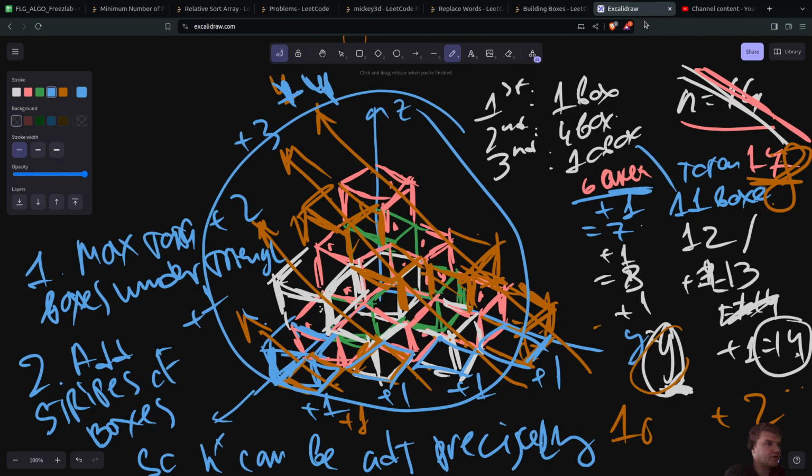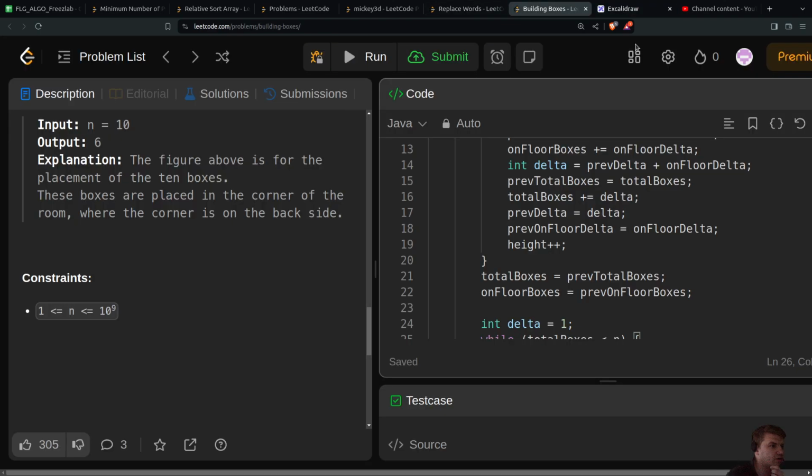So this one is actually the one where I add the stripe of boxes. On every iteration I add one on the floor, and I add the previous number of boxes I added plus 1 to the total number of boxes.